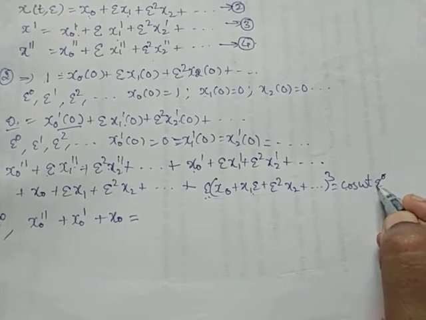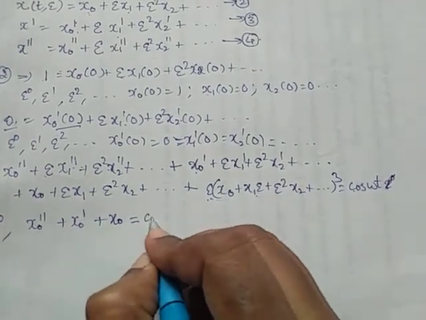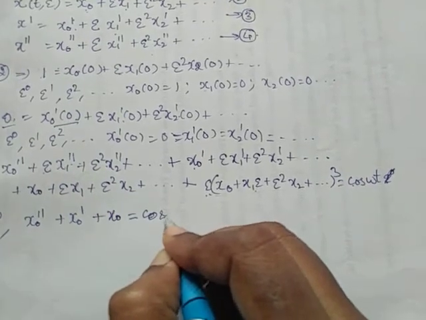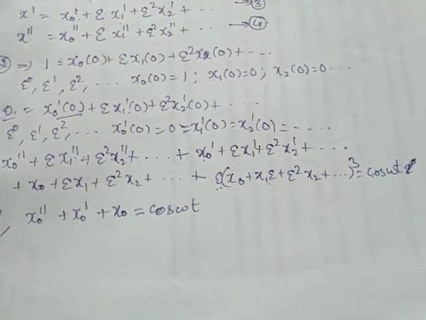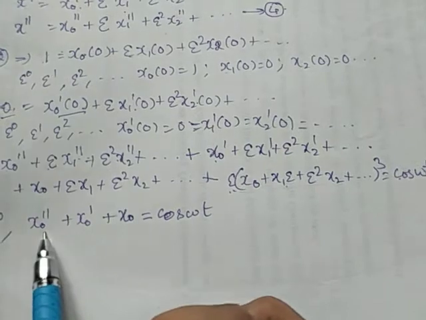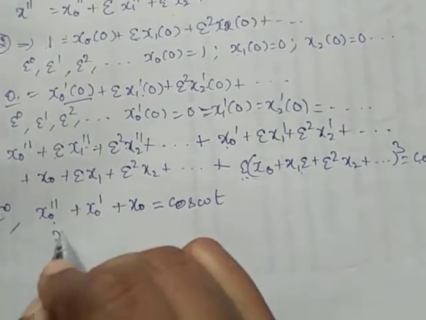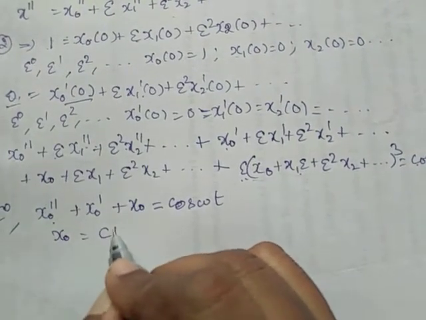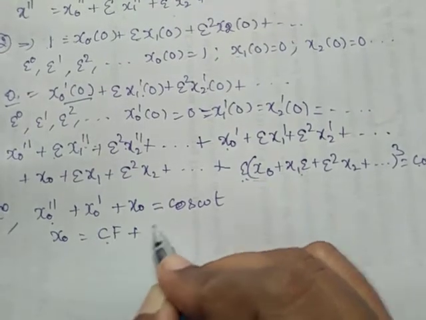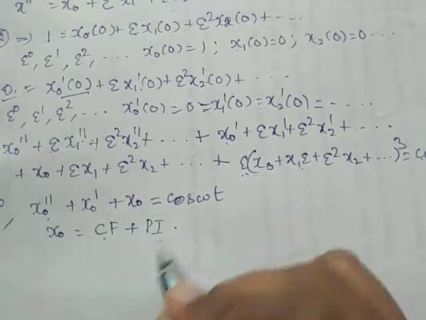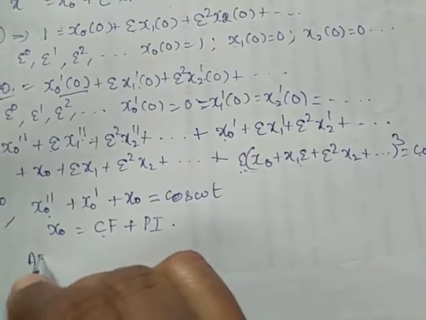Epsilon power 0 is 1, so the RHS is not 0 in this case, it is cos omega t. So we have to find the solution for x0. What is the solution for x0? In this case it is the complementary function and the particular integral. So what is our auxiliary equation?